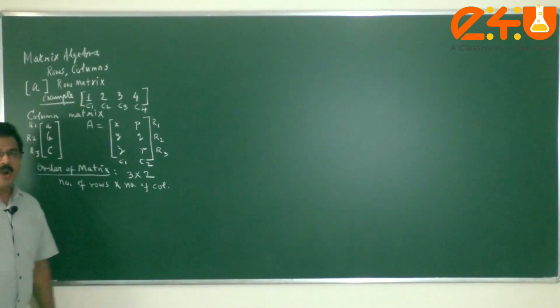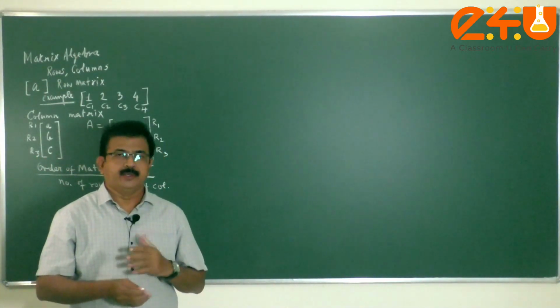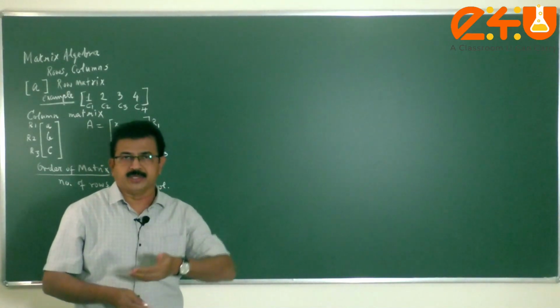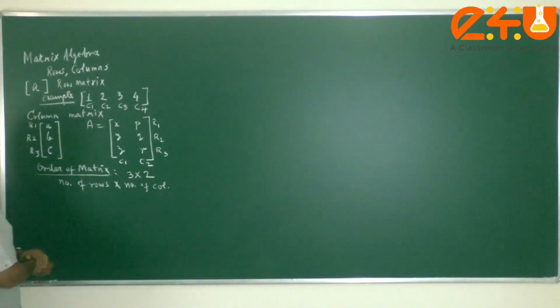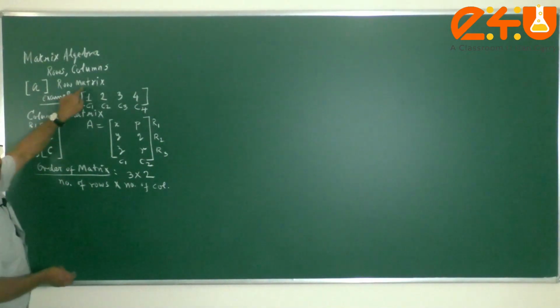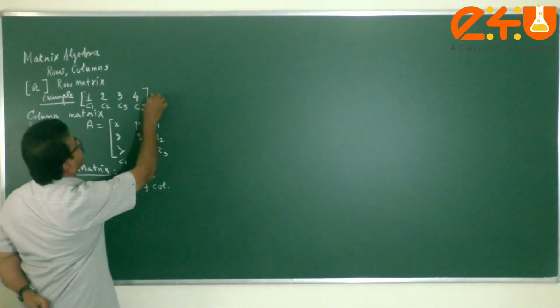From the order of the matrix itself, you will be in a position to understand the nature or the type of matrix. For example, let's go back to the row matrix. Let me name it.